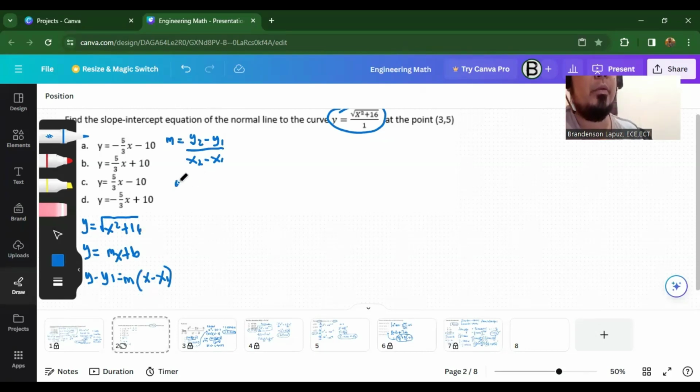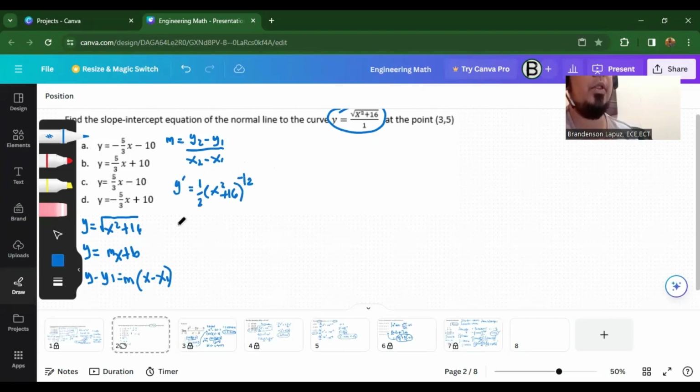Okay, now y prime, solving this, we can write it down as 1/2 times x squared plus 16. This becomes negative 1/2 because you raise it to 1/2 minus 1.